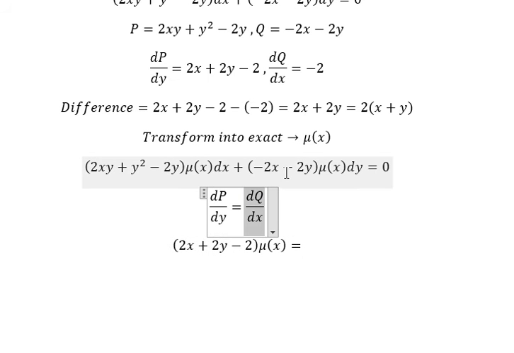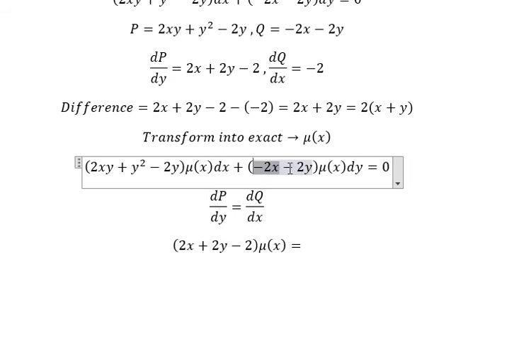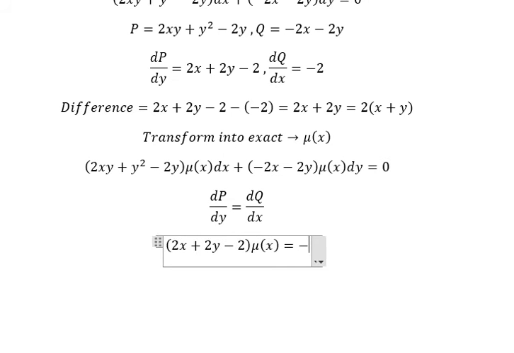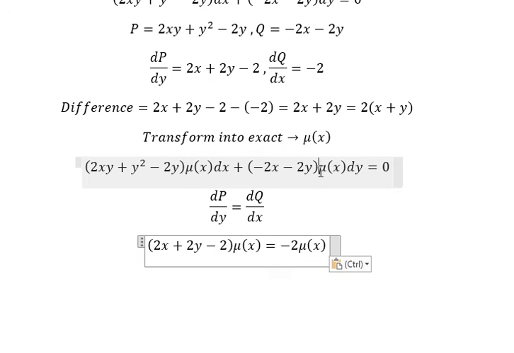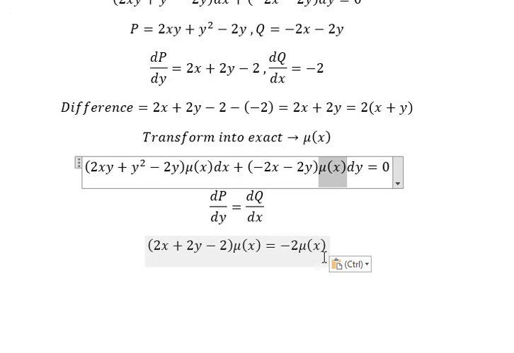This one we need to do first derivative of s. So this one they will have negative number 2. Later that we need to do first derivative of mu s.